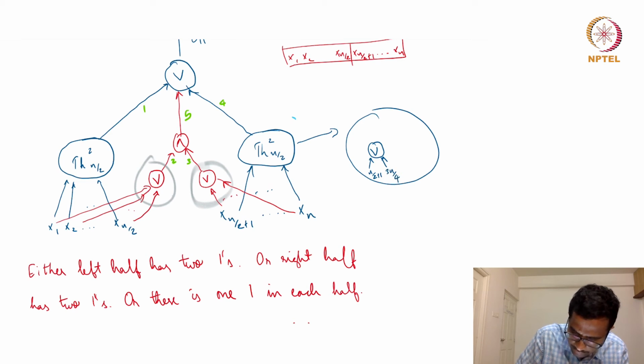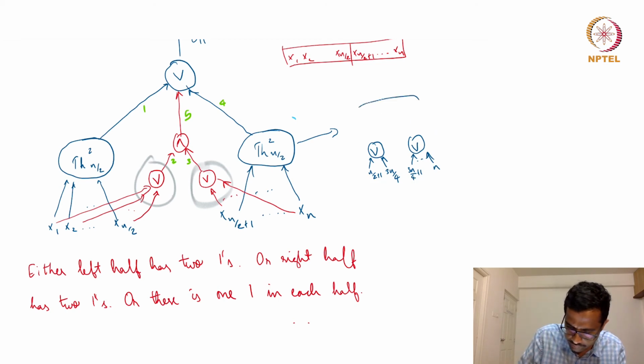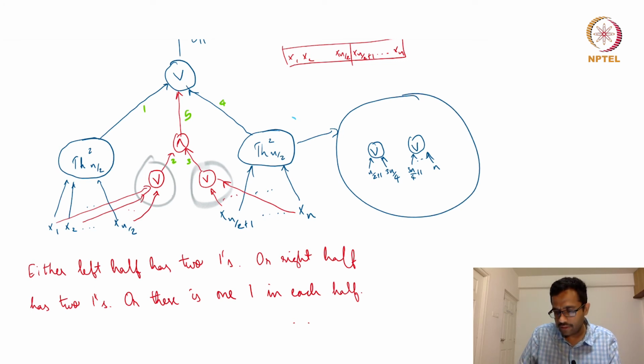So I'm expanding the right side threshold gate, and then another OR gate which has 3n divided by 4 plus 1 to xn. Okay, I have omitted the superscripts. So it's x n by 2 plus 1 to x 3n by 4, and x 3n by 4 plus 1 to xn, and this would already be implemented in this threshold gate.